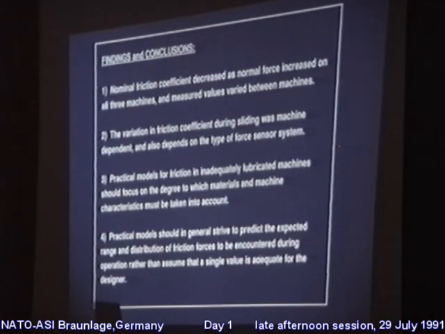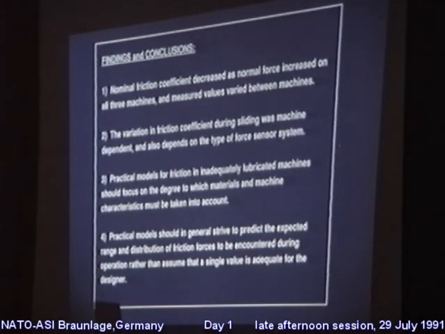Practical models for friction in inadequately lubricated machines, that is to say machines in which there's some solid contact occurring, should focus on the degree to which the materials and the machine characteristics must be taken into account. There may be some systems in which it's sufficient to model the frictional behavior based on the interfacial mechanical properties and material properties on either side of the interface, and in other systems you need to take the role of the machine characteristics in closer account.